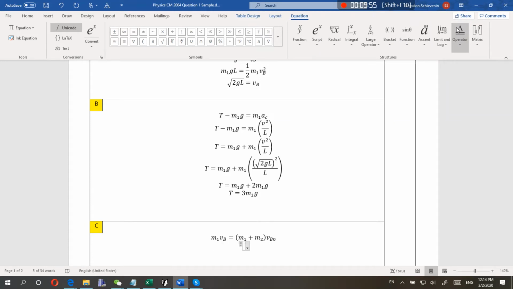So M1 root GL is equal to M1 plus M2 times, say again? Root 2GL, okay.